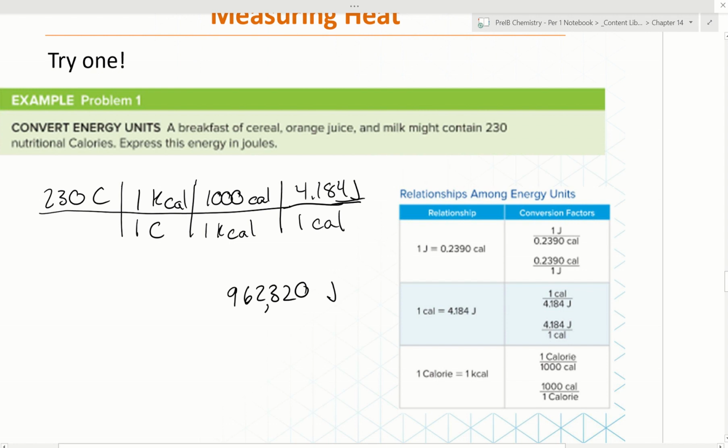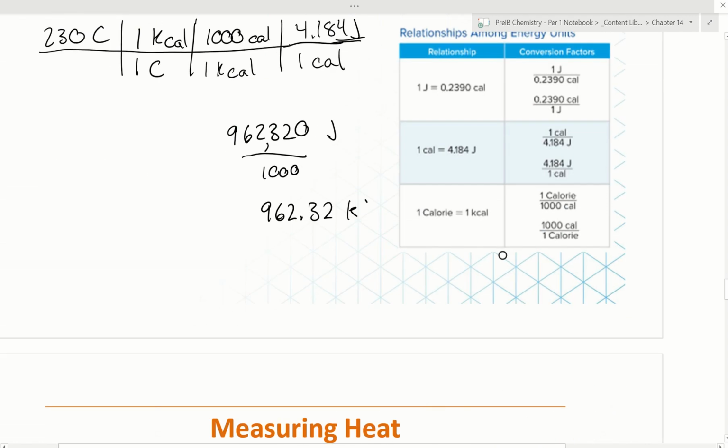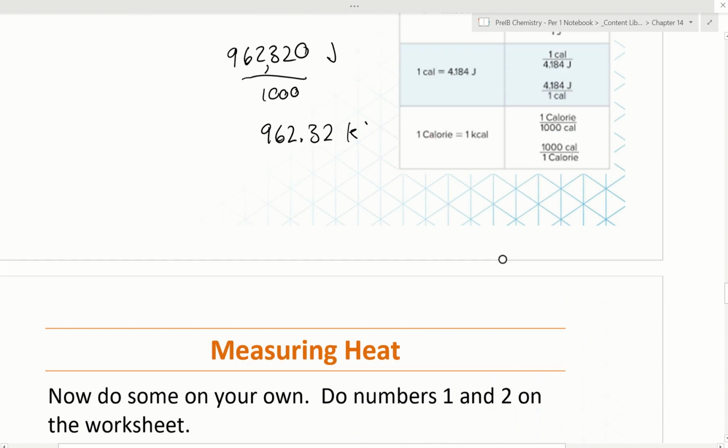If we were to convert that to kilojoules, which is a more common method, we would just divide by 1,000 and we would get 962.32 kilojoules.